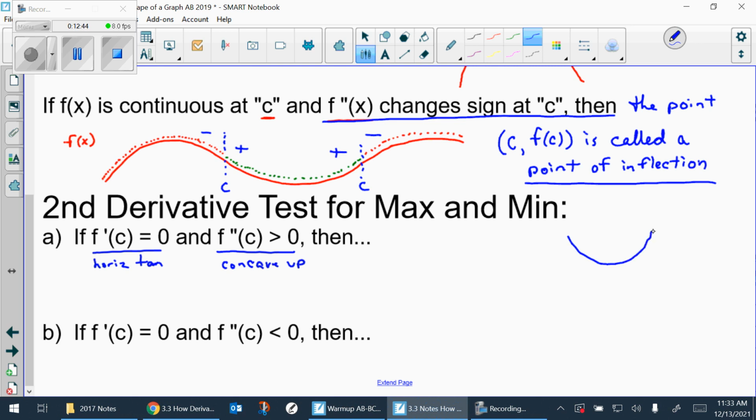And let's have a place where the derivative was zero. What is that point? When you're concave up, but you have a slope of zero, that makes the point C, f of C, a, what are you going to call it?